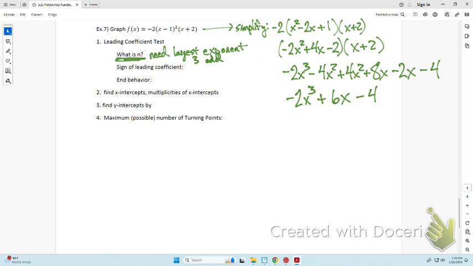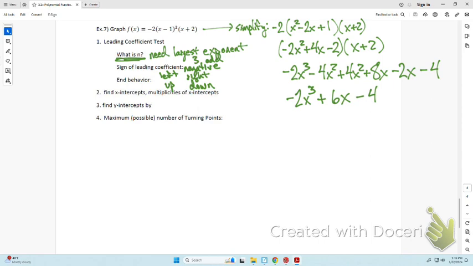The sign in front of the 2 is negative. That means on the left, it starts going up, and on the right, at the end, it ends going down.